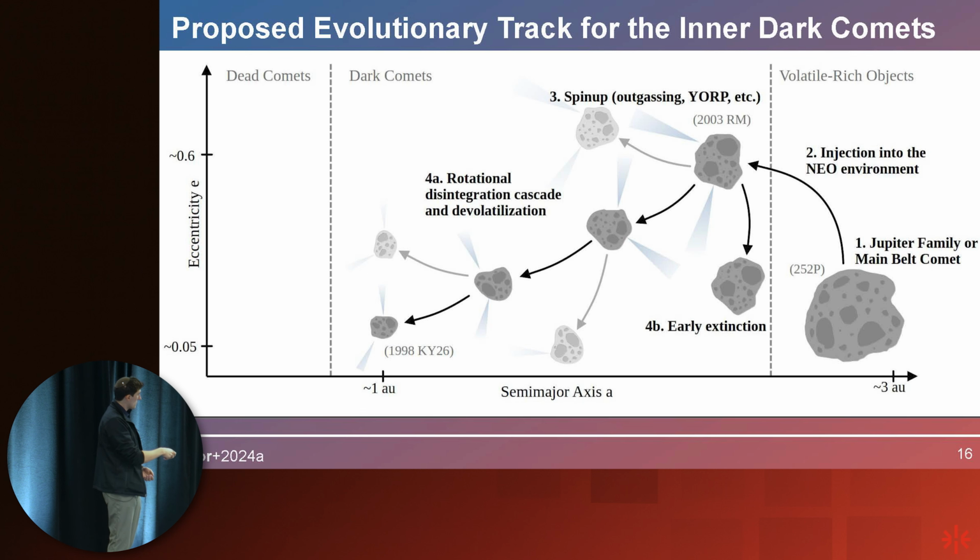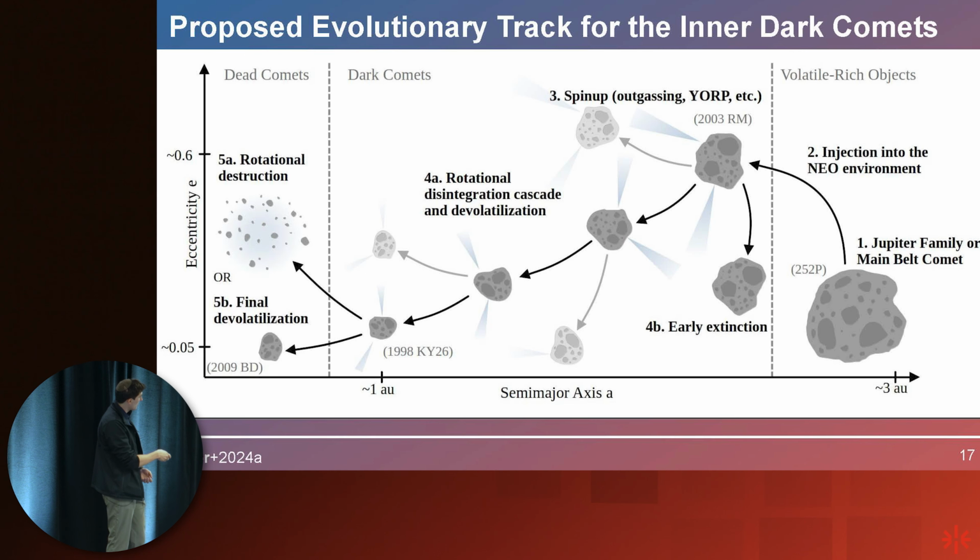And what we eventually end up with is some objects like 1998 KY26, the dark comets that we're talking about, which are small, rapidly rotating, they have odd densities, and they have these, albeit weak, non-gravitational accelerations from these ices that we have exposed. Now, there also are possible final states.